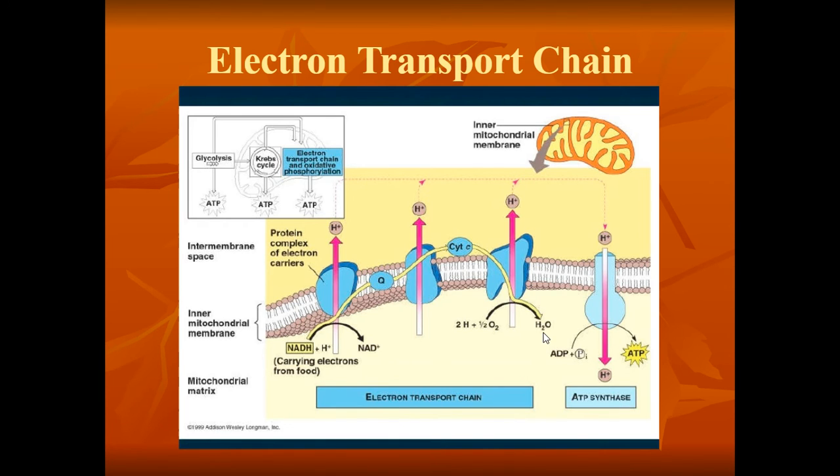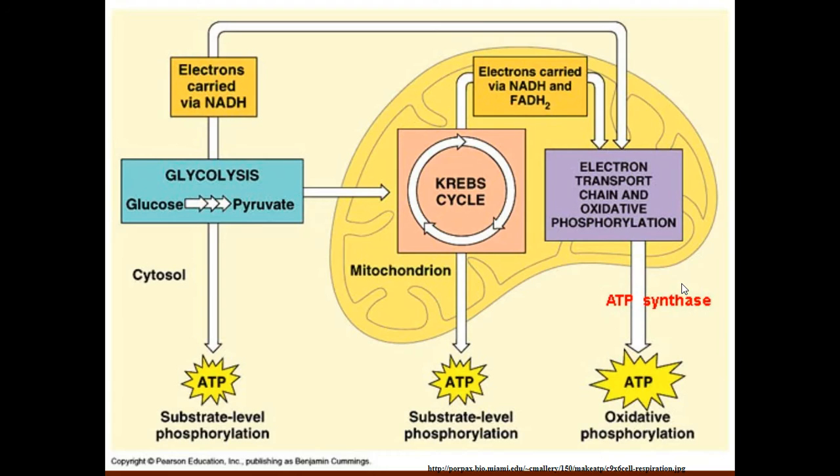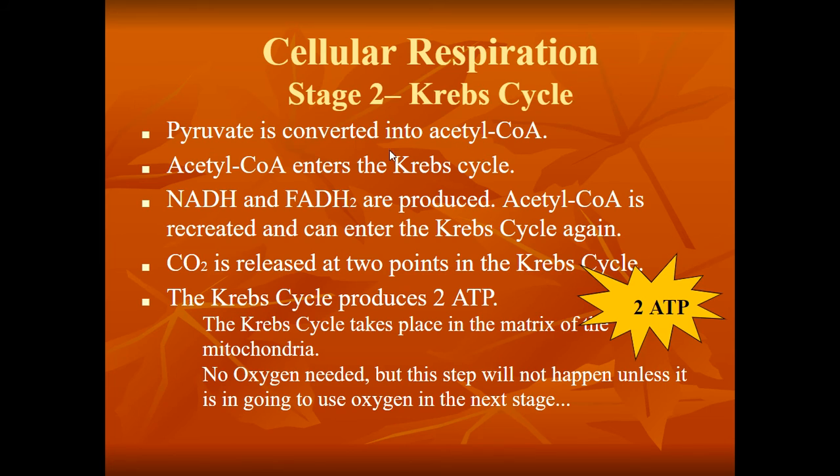And that's where those two things come from. H2O is formed here in the electron transport chain. I believe we talked about here CO2 is made in stage 2 through taking acetyl-CoA and making these molecules.